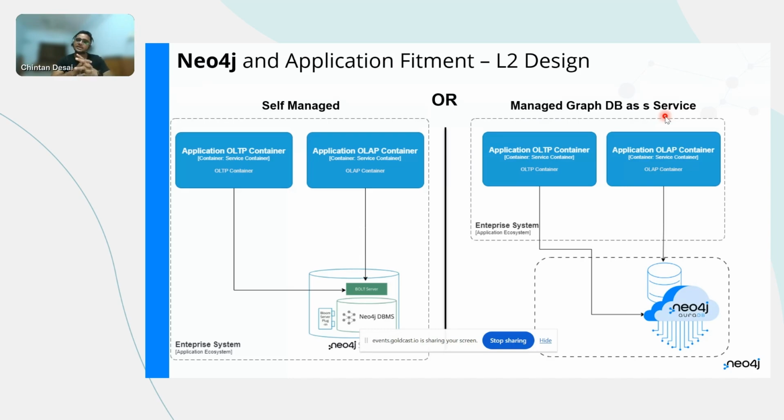For example, if someone is building a fraud detection system on financial data that involves sensitive data, or working on legacy system data, or they have a strict regulatory requirement, in that case, they can go for a self-managed Neo4j deployment where they can deploy Neo4j on their own premises in a controlled data center kind of environment. Whatever things involve the deployment and management of Neo4j have to be taken care of by the team who is managing the Neo4j.